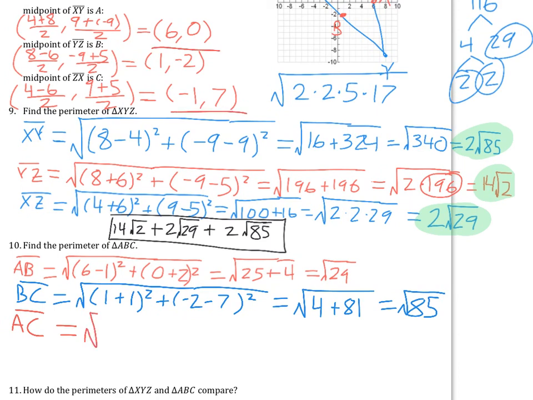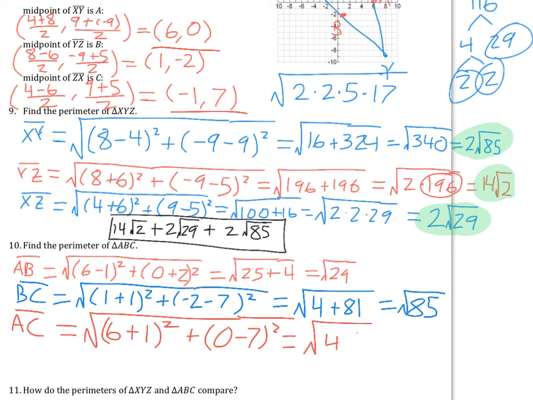So that would be radical 6 minus negative 1 becomes 6 plus 1, plus 0 minus 7 squared. So we have 49 plus 49. So earlier I did this trick where I just called that 2 times 49, and I know that the square root of 49 is 7, and the 2 stays inside.